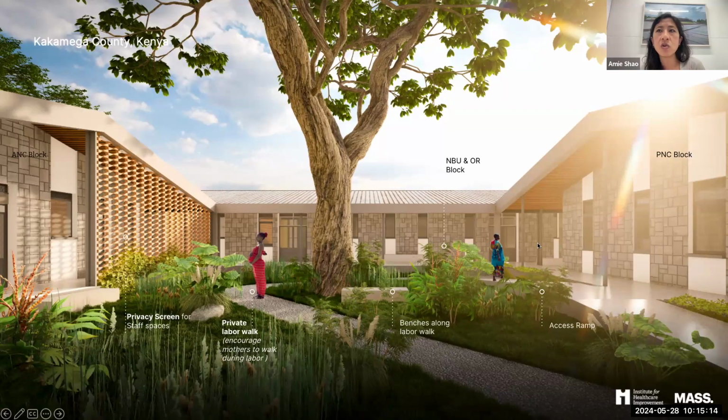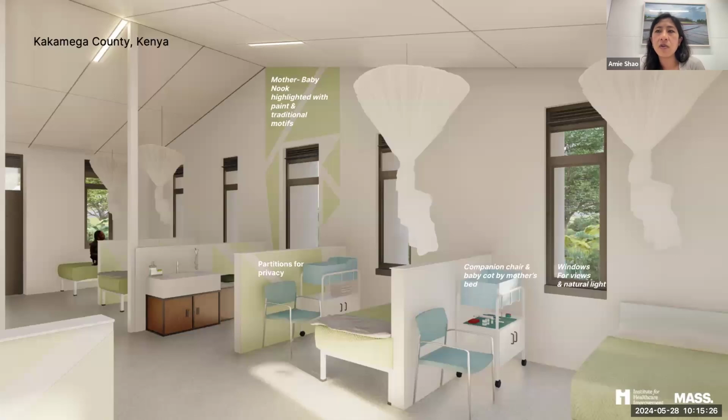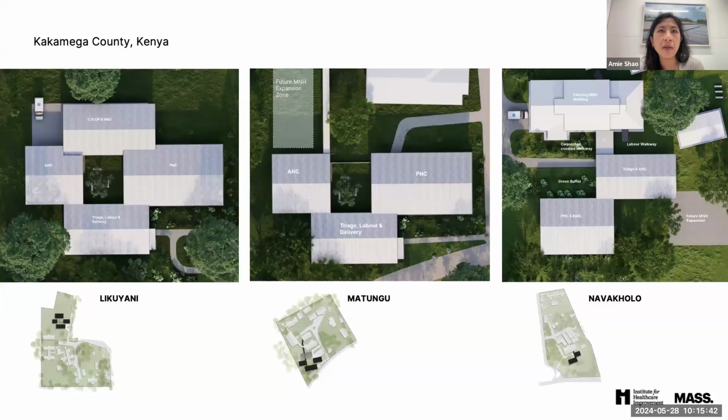Privacy screens to shield views to different spaces, benches for mothers to rest, and walking paths that could be simply made of gravel. And here's a view of the inside, trying to accommodate natural light and ventilation, include companions in the spaces, and provide the sinks and other amenities that are necessary for care.